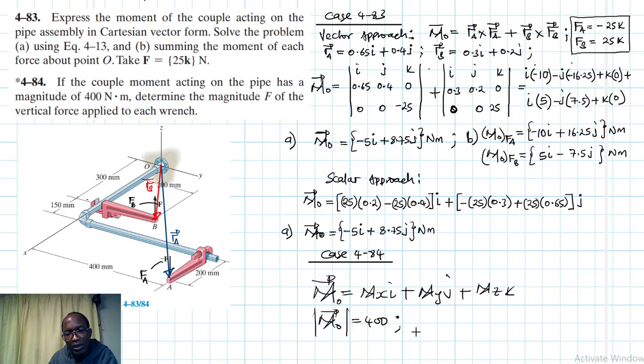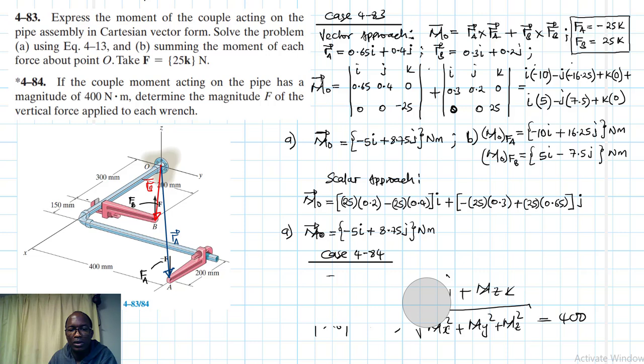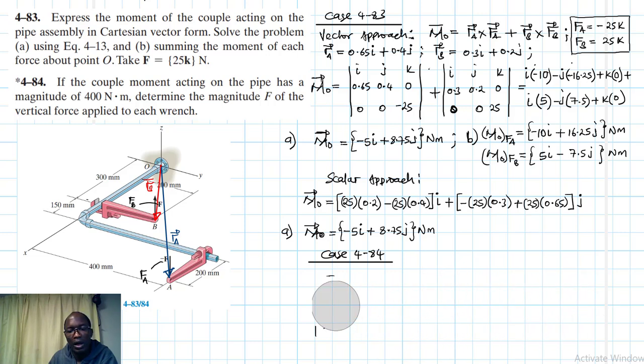So we can square the components and sum them using Pythagoras and equate this to 400, and later on make F subject of formula. This is where you use either the vector or the scalar analysis. But I want us to use another technique.